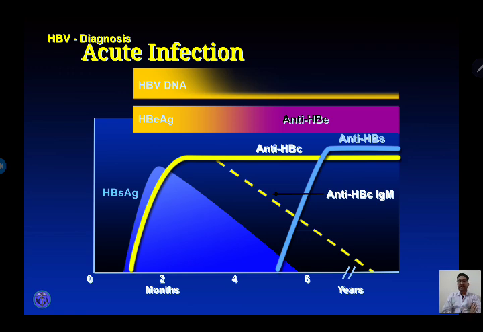You can see the acute infection: hepatitis B virus DNA and hepatitis B surface antigen.